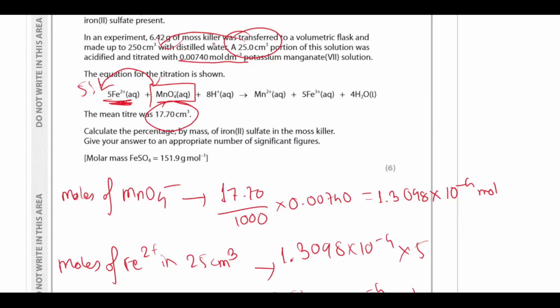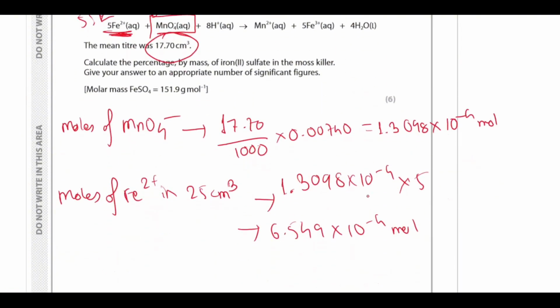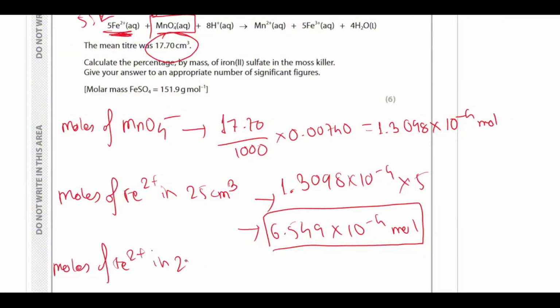Now we want to convert this 25 cm³ into the 250 cm³ solution, because that's where the whole thing is, right? If we multiply 25 cm³ by 10, that means we need 10 portions of 25 cm³ solution containing Fe2+ to produce 250 cm³ of iron(II) sulfate solution. Each portion contains 6.549 times 10 to the power -4 moles of Fe2+, so we can find the moles of Fe2+ in 250 cm³.